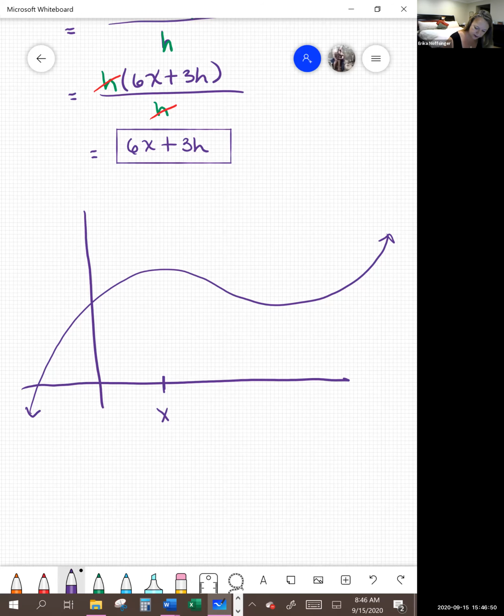Let's choose some point kind of close to this, at a distance of, let's say, h. This point is x plus h, and my y value there is f of x plus h.